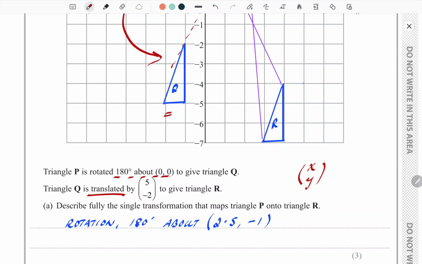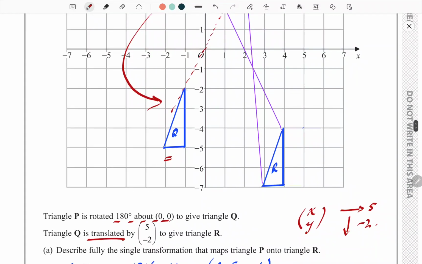So in this case, 5 means you go across 5, and then minus 2 means you're going down 2, all right? So look at what happens. Across, take that point there, and then 2 down. So that's 5, and that's minus 2. And you do that with the other 2 points, and you get triangle R.